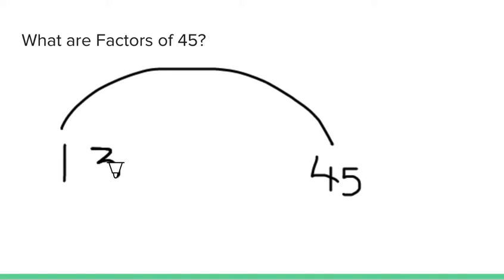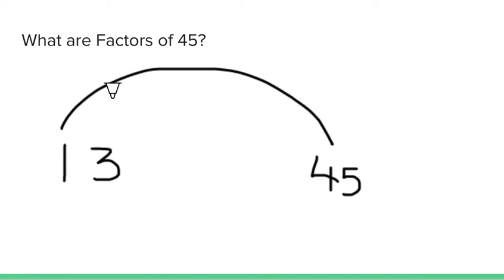Next, we'll try the number 3. I know right away, just because I'm pretty aware of a lot of my times tables, that 3 can be multiplied to make 45.